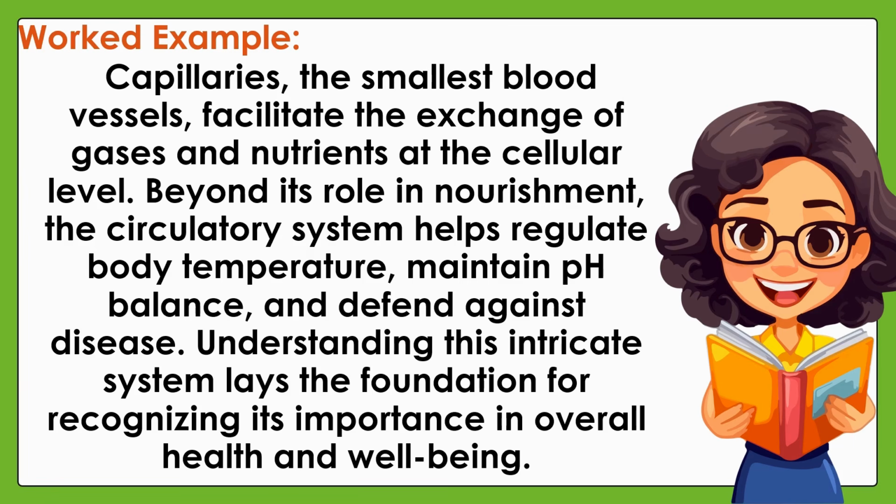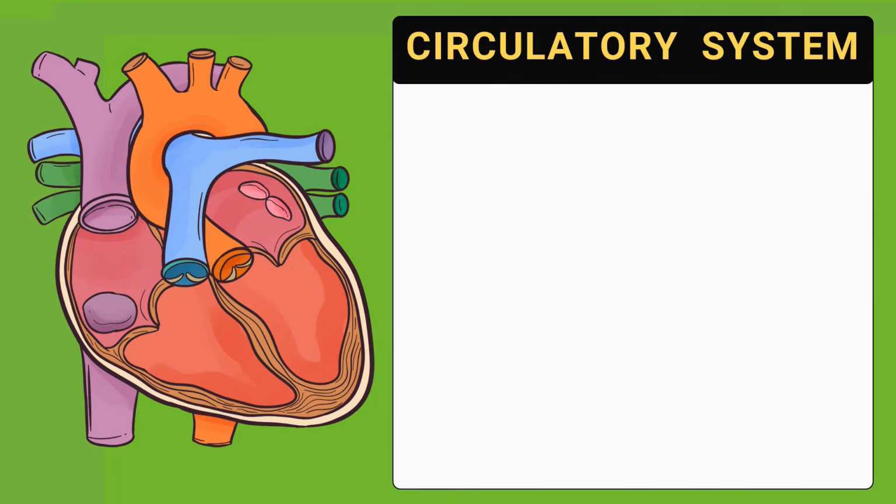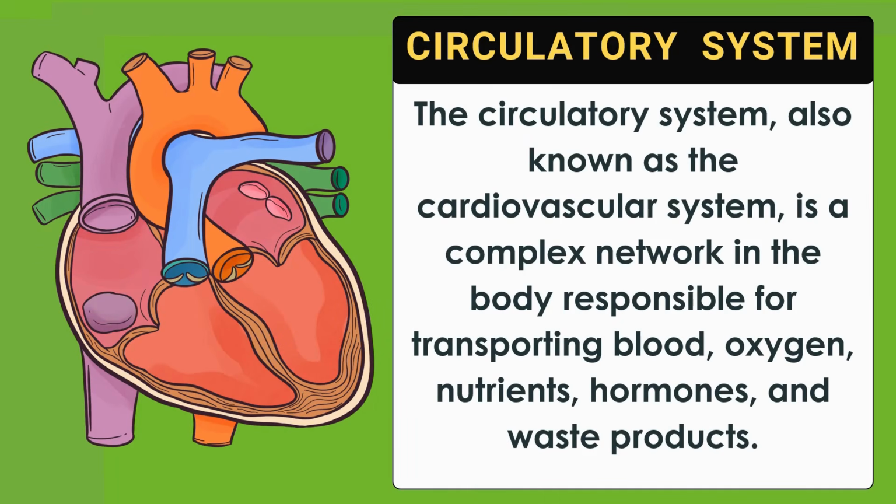Understanding this intricate system lays the foundation for recognizing its importance in overall health and well-being. The circulatory system, also known as the cardiovascular system, is a complex network in the body responsible for transporting blood, oxygen, nutrients, hormones, and waste products.